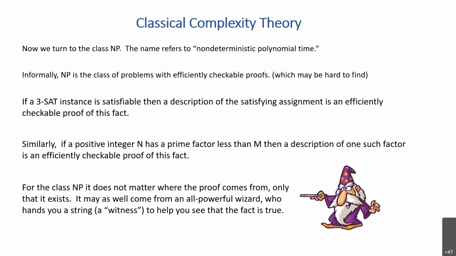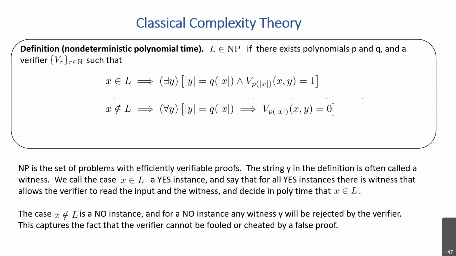But if you somehow are given the factor, then you can just do division to efficiently check that the answer to that problem is yes. For the class NP, it doesn't matter where the proof that you check comes from, only that it exists. Sometimes people use the language that the proof comes from a wizard who hands you a string, a witness, to help you see that a fact is true. Okay, so that's the intuition.